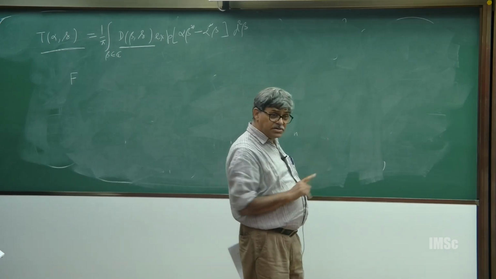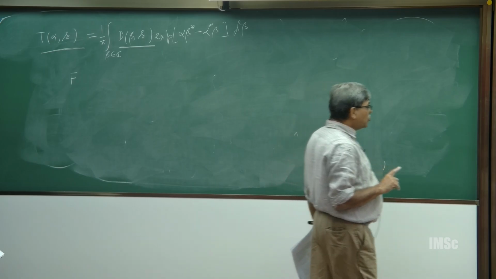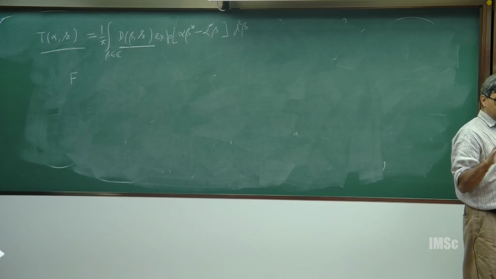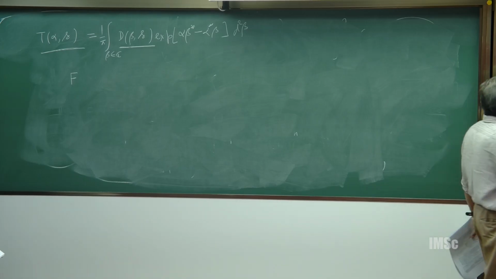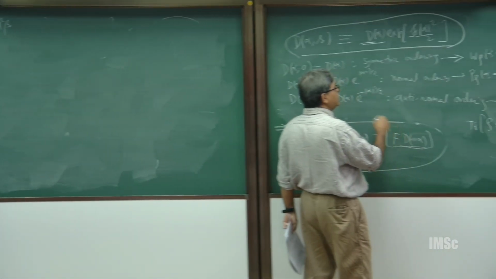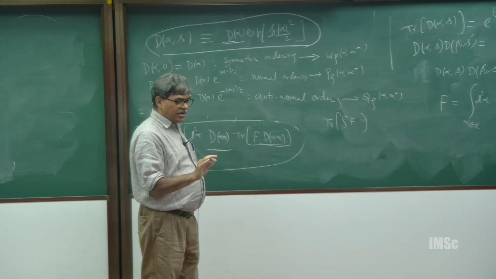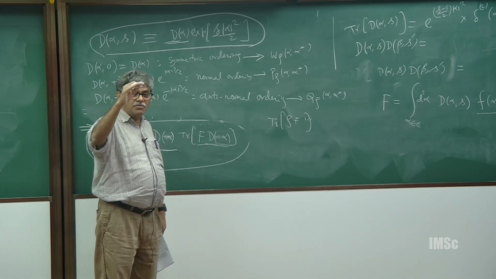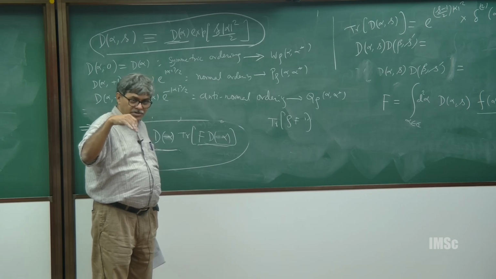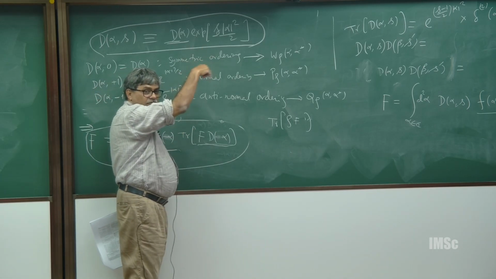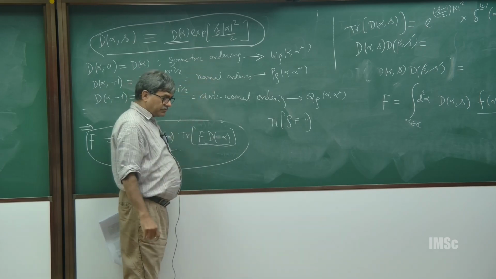And this is important because the P distribution, I told you, is a very ill-behaved function. So this factor, by suitable choice of s, will tame the behavior of the P distribution. If you choose s negative enough, it will tame the behavior of the P distribution.